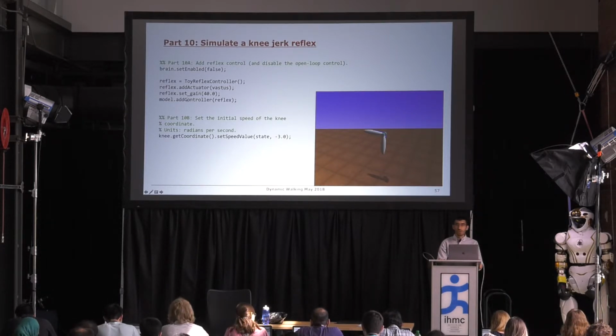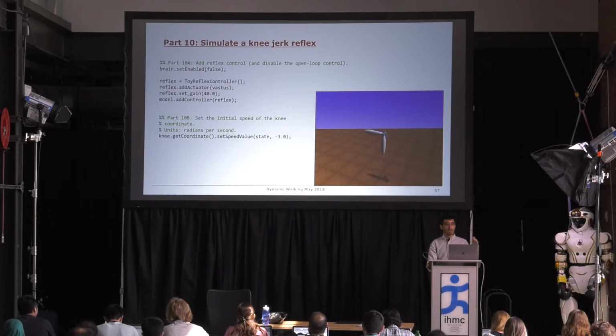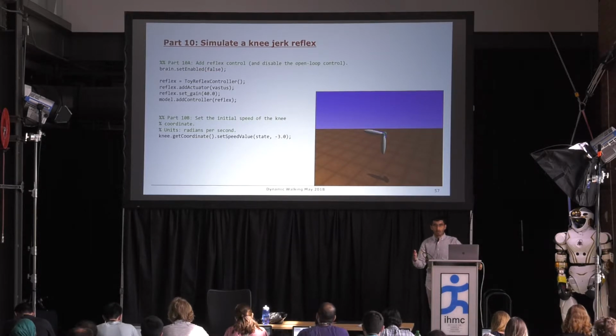The way this controller works is basically it excites the muscle. It's a negative feedback, so it's just a gain times the lengthening rate of the muscle in a negative sense. So we set a gain for the reflex, and we add that controller to the model. Then farther down in your file, at the part labeled 10b, we're going to model the perturbation to the Shank.